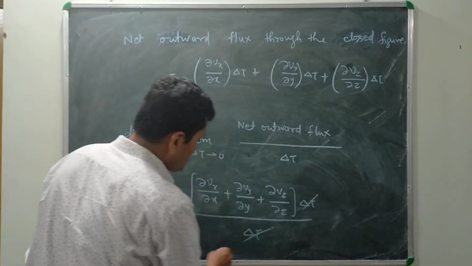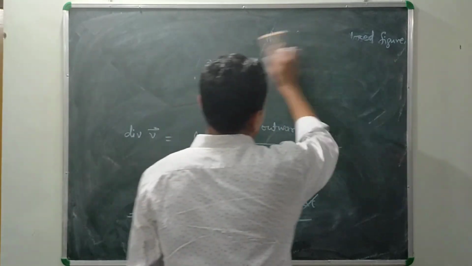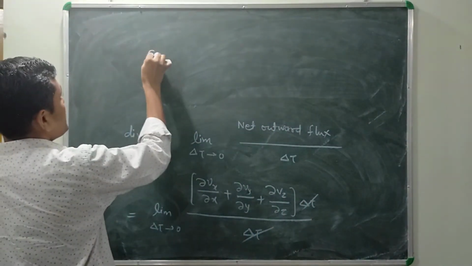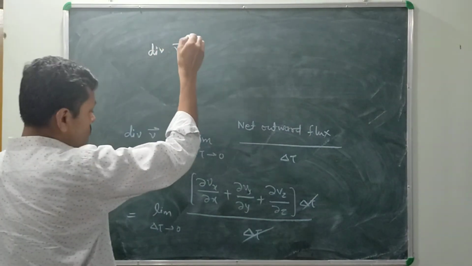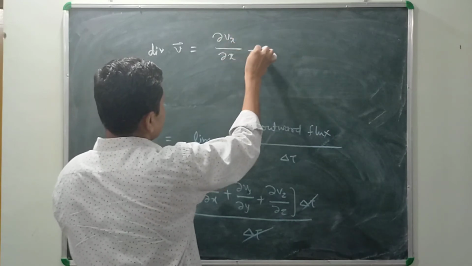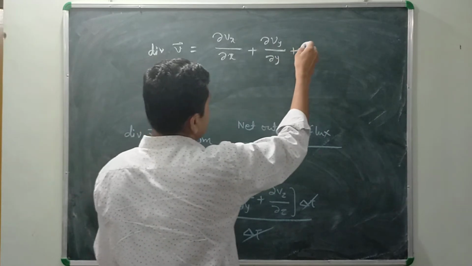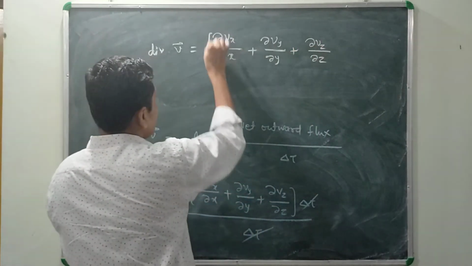So this will be cancelled out, and finally we are left with this simplified expression for divergence of vector V in Cartesian coordinate system: divergence of vector V is equal to ∂Vx/∂x plus ∂Vy/∂y plus ∂Vz/∂z.